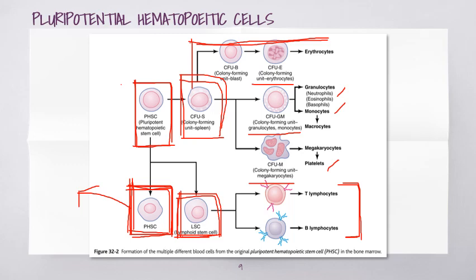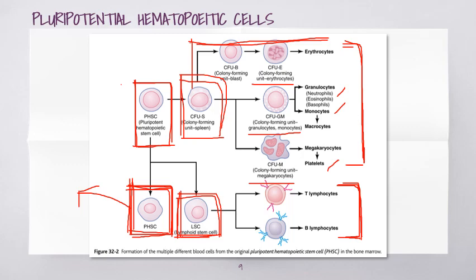Because of this, leukemias, which I will discuss later, will also be divided almost the same way. So we have leukemias that affect only the lymphocytes. We call that acute lymphocytic leukemia. Leukemias that affect the white blood cells, or granulocytes, erythrocytes, and megakaryocytes are all under myelogenous leukemia. Okay, I will discuss them later on.